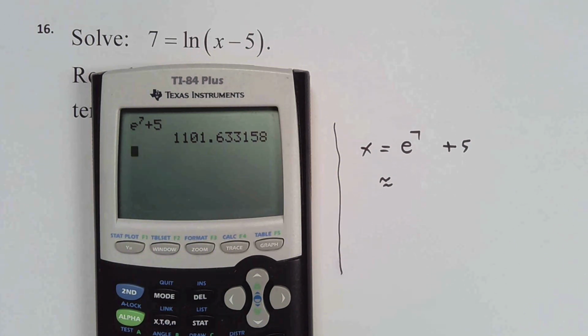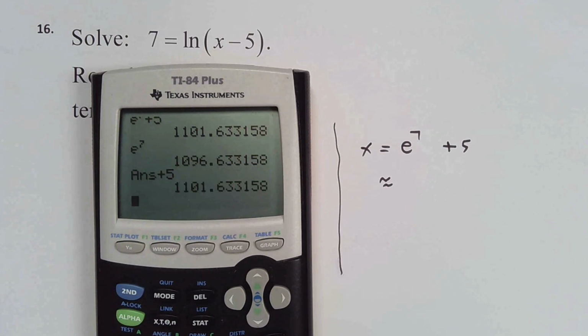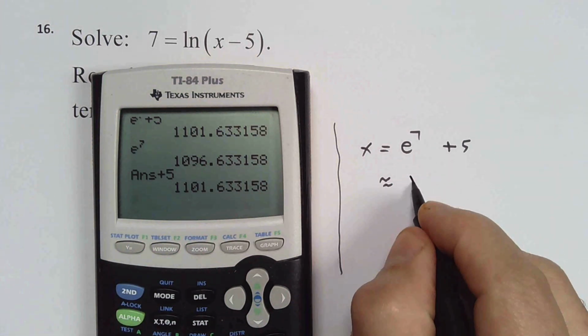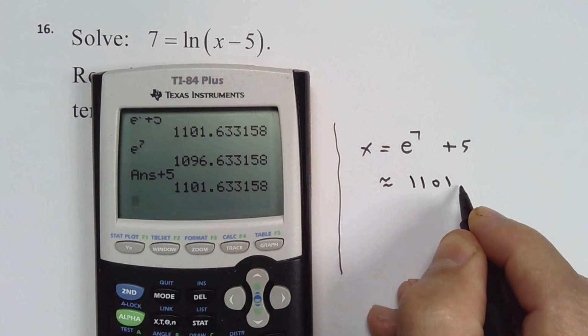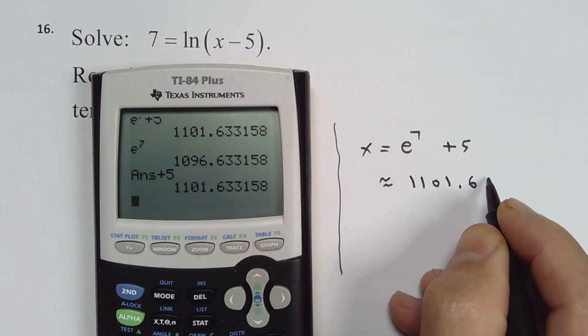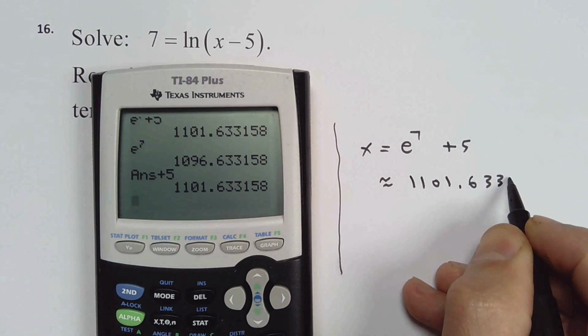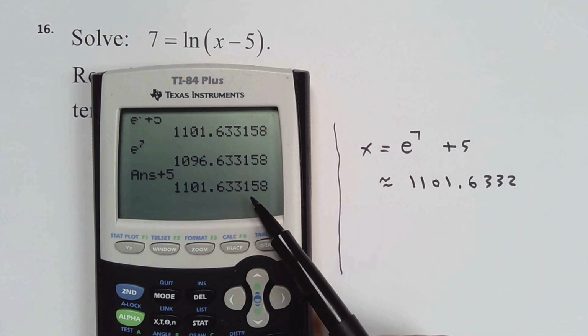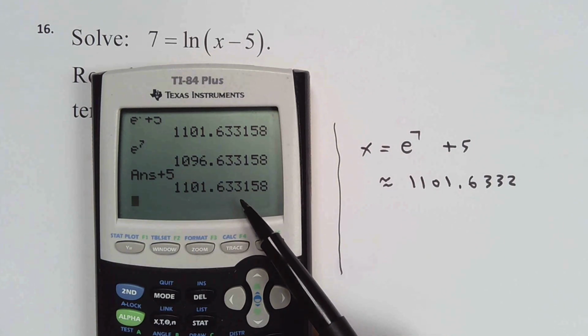Let me show you how to do it. That's e to the 7. You finish it, then you add 5. Same answer. So approximate to 1101.6332. This 5 will make the 1 a 2.